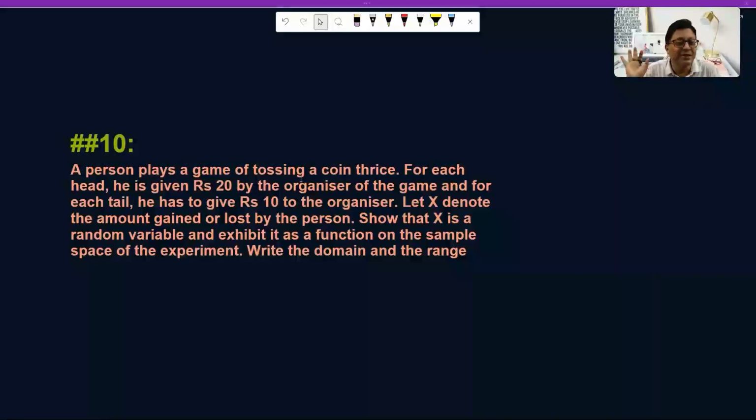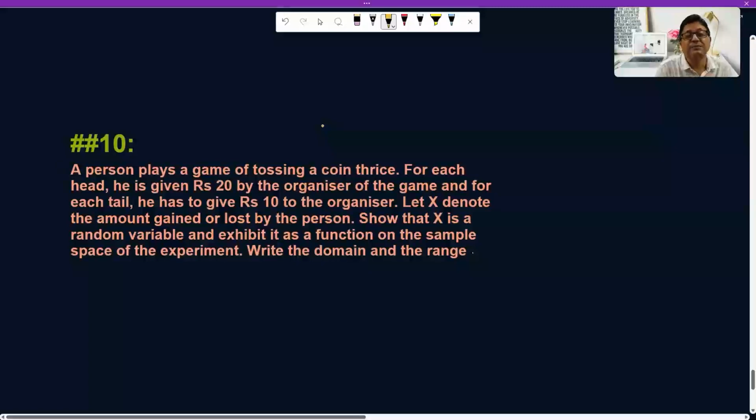This is just a condition. Let X denote the amount gained or lost by the person, so that X is a random variable, and exhibit it as a function on the sample space of the experiment. The domain and range.